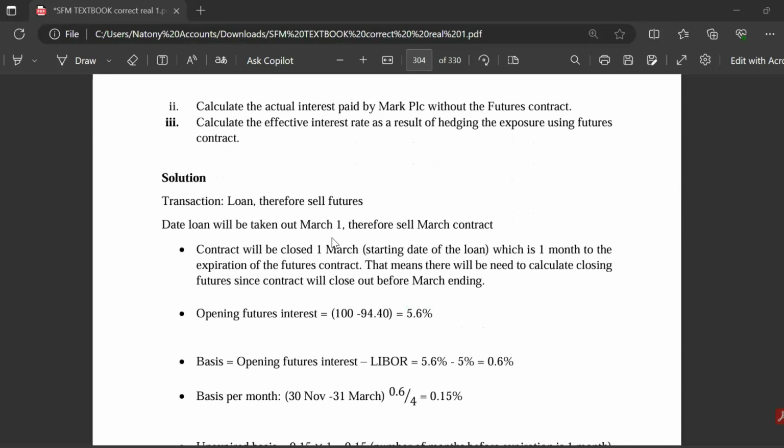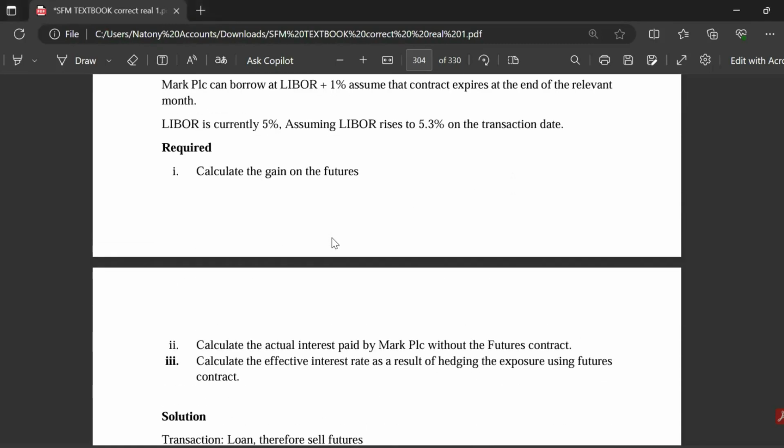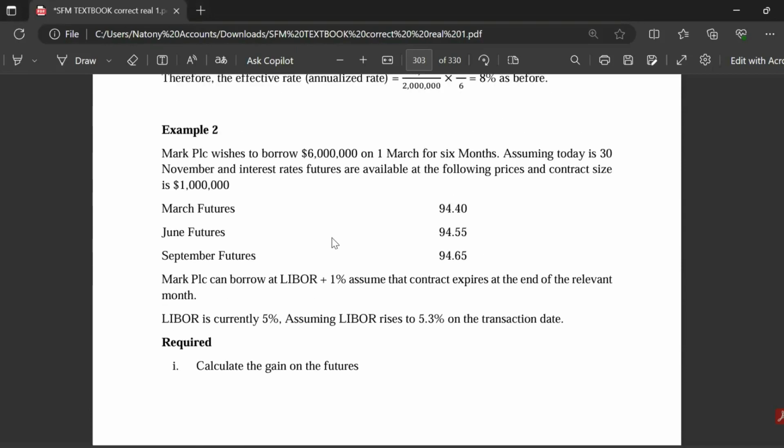So let's look at this. The opening spot rate is how many percent? LIBOR is currently 5%. And the opening futures price here is 5.6, which is 100 minus 94.4. So that will give rise to basis.